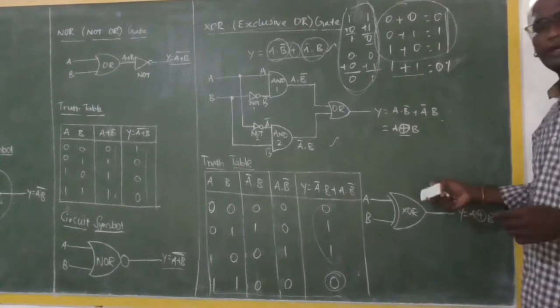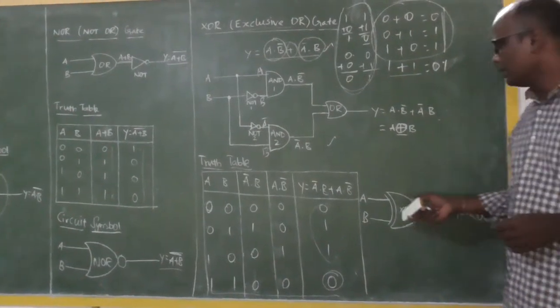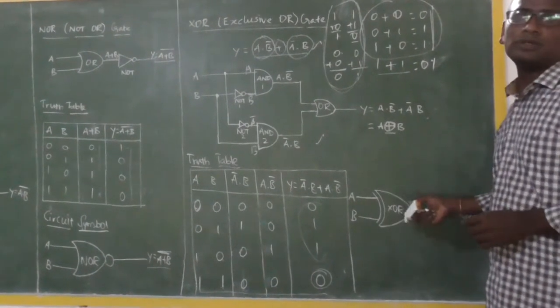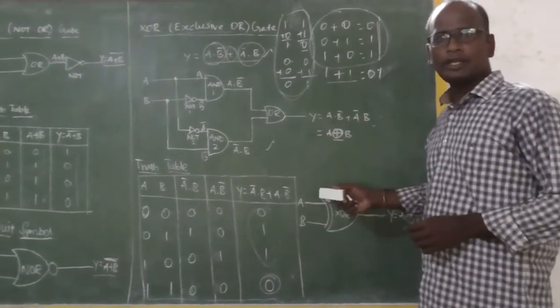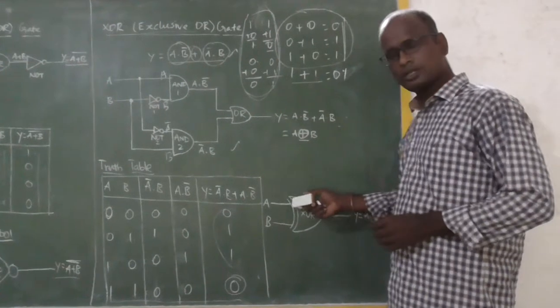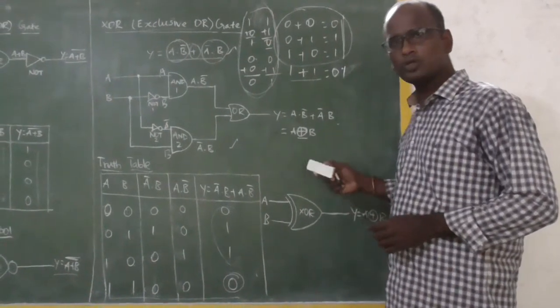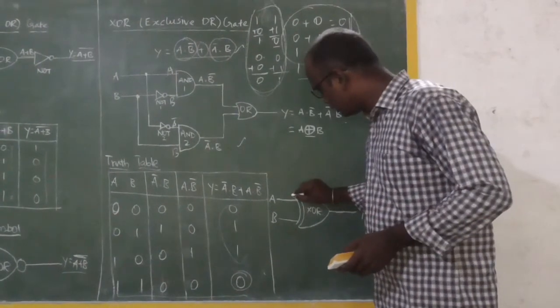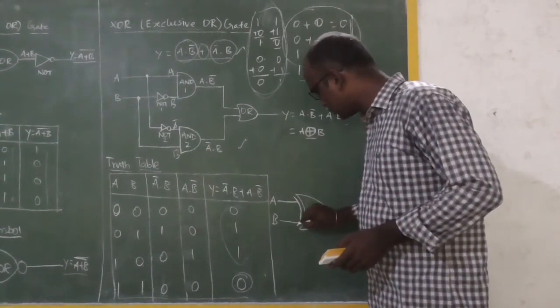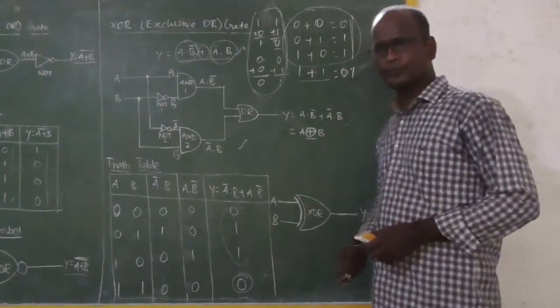Next we go for the circuit symbol of the XOR gate. Since the XOR gate is similar to the OR gate, the circuit symbol looks almost like an OR gate, but additionally another semicircle is added at the input.